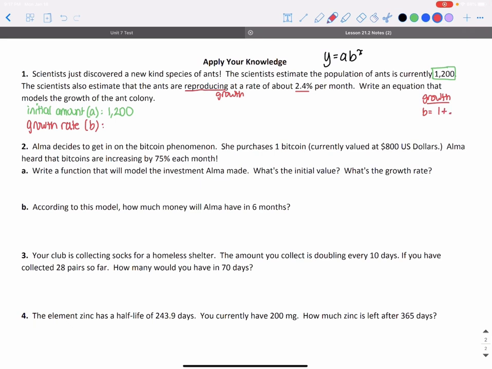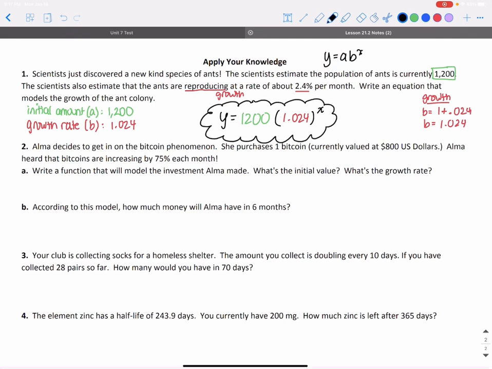So 1 plus 0.024 is what I have for b, and in this case it's 1.024. I have my b and my a, and I plug them into my formula: y is equal to 1,200 times 1.024 to the x power. And this is my answer.